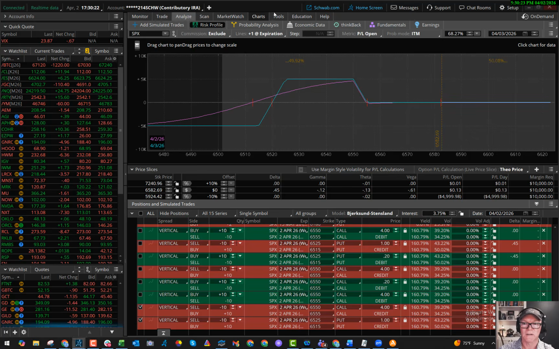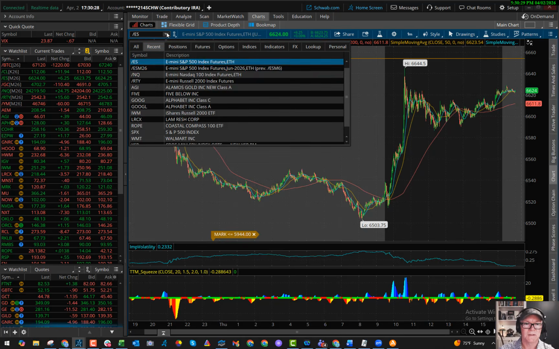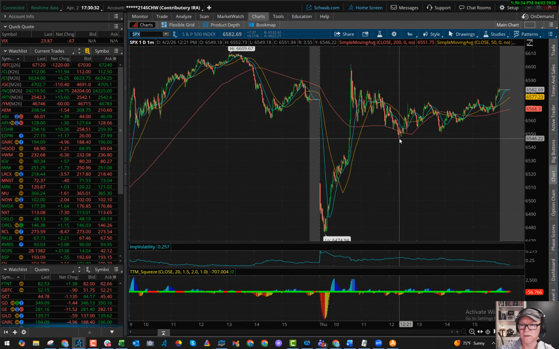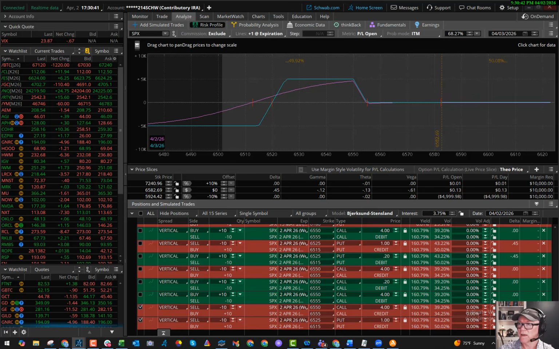And again, let me show you this real quick. You see how it looks so far away right there, right? Well, notice, let me switch this to SPX right here. You see this lower level here? Check this out. So these levels, that's 65.50, right? That is right there.